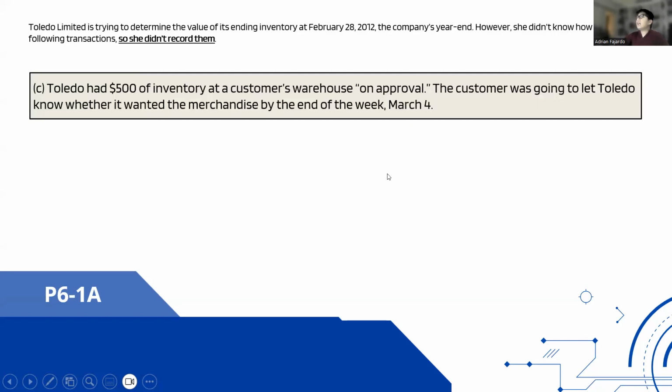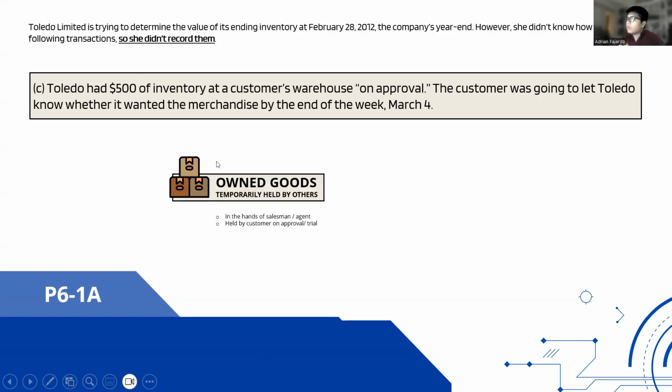Next. Toledo had $500 of inventory at a customer's warehouse on approval. The customer was going to let Toledo know whether it wanted to purchase merchandise by the end of week, March 4. So ito is an example of number 4. Its own goods na temporarily pinahawak lang natin sa customer for their trial or for the approval. So, sino may-ari? Tayo pa rin. So, we include this.